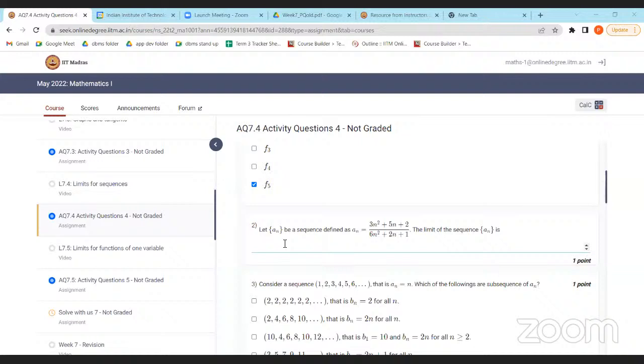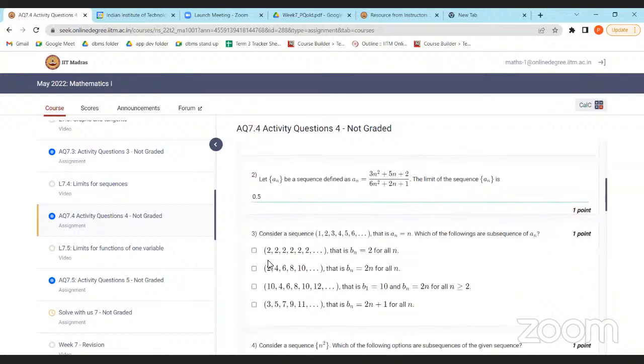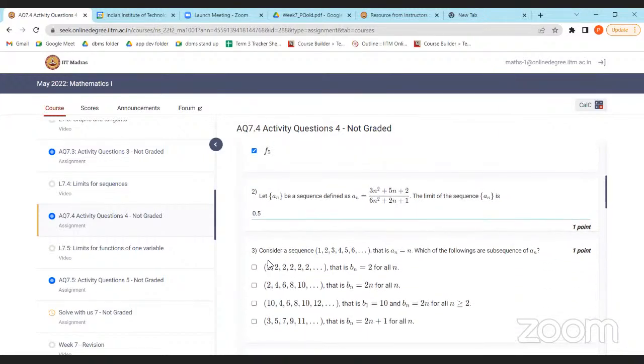Sir, I have a query on 7.3. First we're discussing the limit of a sequence, right? Sequence means we need to put the limit in front of the function. Sequence means basically at what value my particular term will reach when I increase the value of that variable, say n here.